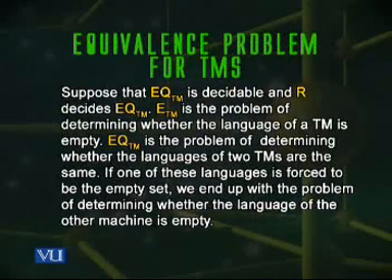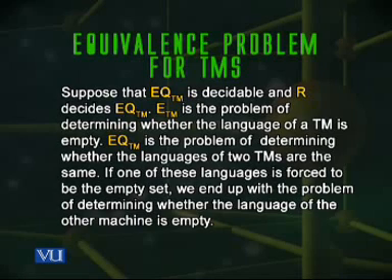Suppose that EQTM is decidable. Then there is a decider R such that R, when it's given a pair of Turing machines, accepts if the language of these two Turing machines is the same, and rejects otherwise. How can we use R to construct a decider S for ETM?